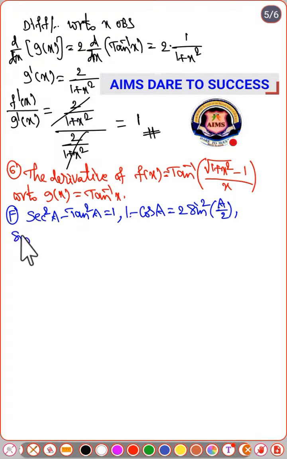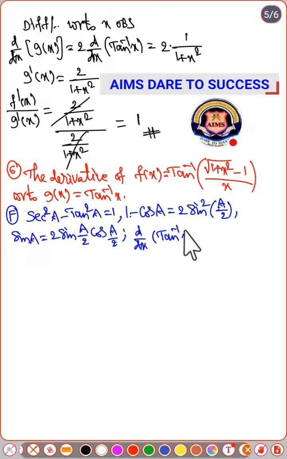Next formula: sin a is equal to 2 sin a by 2 cos a by 2. And the differentiation formula: d by dx of tan inverse x equal to 1 by 1 plus x square. If we get more formulas, we can write them later.